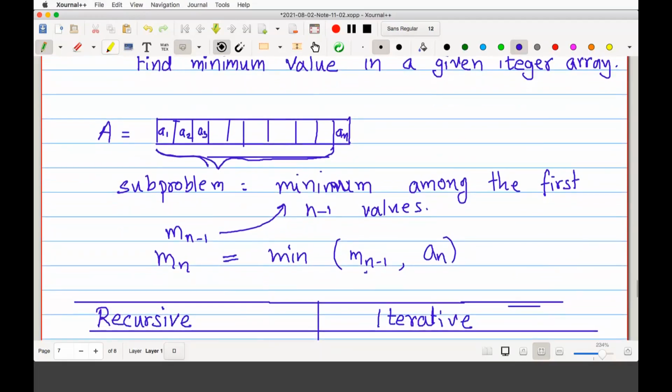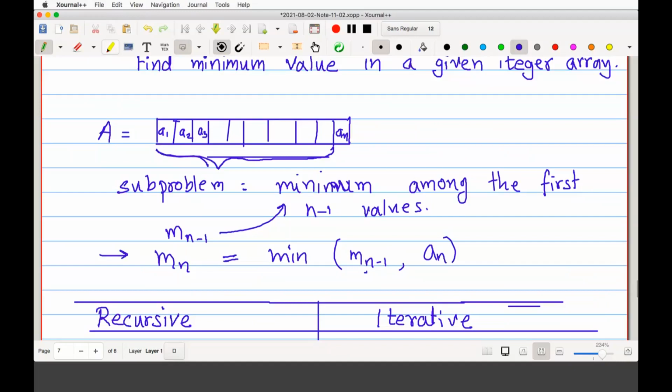Often when you write such relations, this might not be a simple equation. It could be a small procedure. So proving the correctness of that step is very important for proving the correctness of your algorithm.